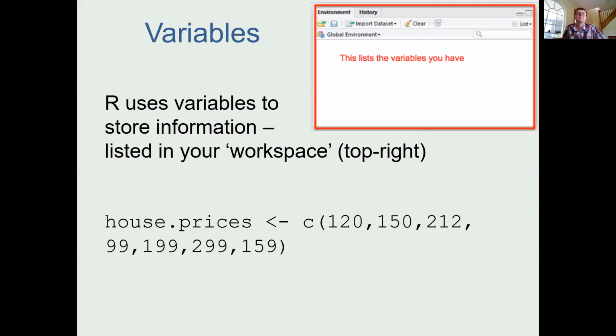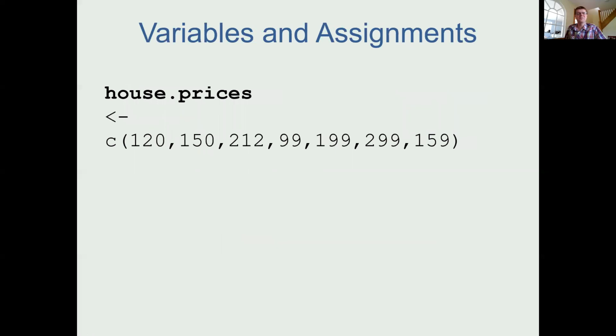R uses the concept of variables to store information. A variable is a discrete thing, and it can contain something that we use in our work. It lists these in the top right. One example might be this one at the bottom, and I'll just go through how we create this variable. We've got to give it a name. Every variable has to have a name. So we might call this one house.prices.